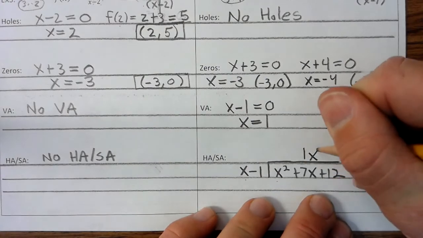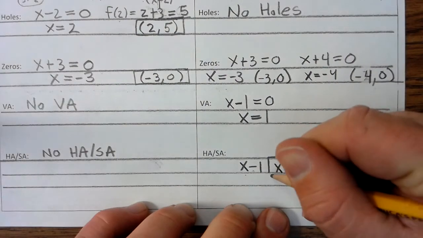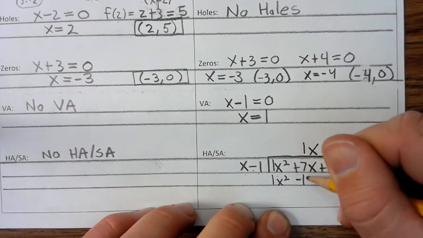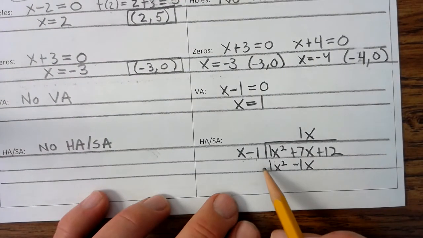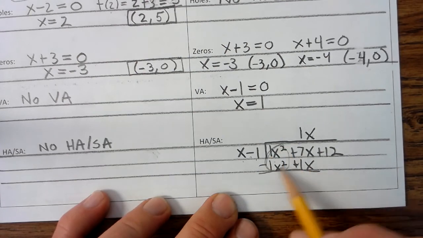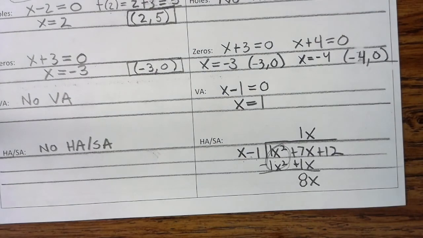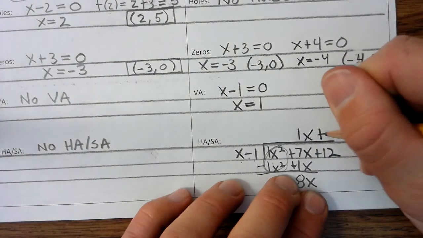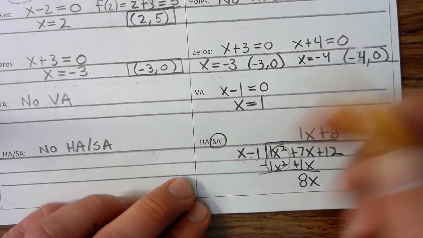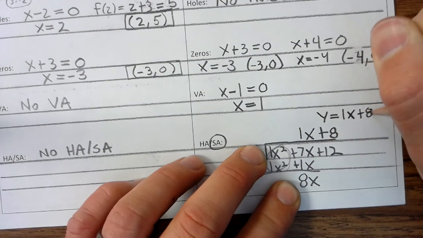Well, that's 1x. Now you actually have to go through it, so 1x times x is 1x squared. 1x times negative 1 is a negative 1x. Now when you're doing division, you actually subtract, and if you subtract a negative it becomes positive. This becomes 0, that becomes 8x. So what do you multiply x by to give you 8? So plus 8. Since you have an x, it's a slant asymptote at y equals 1x plus 8.